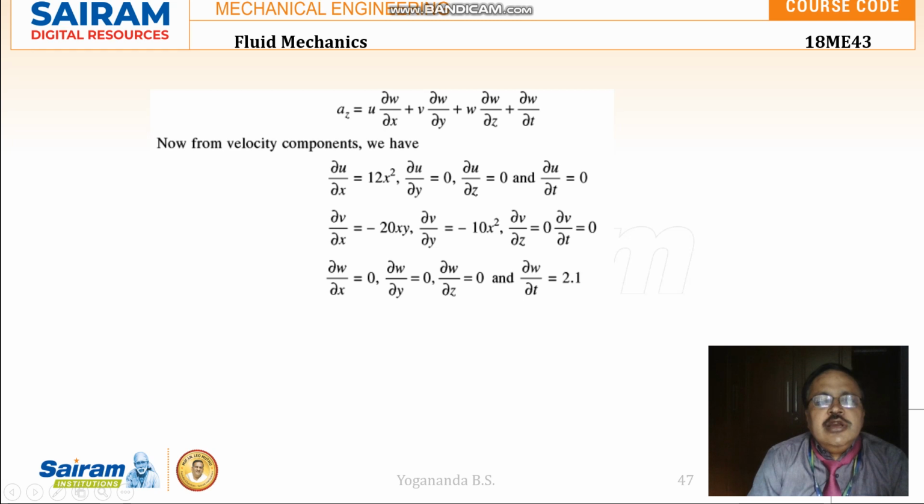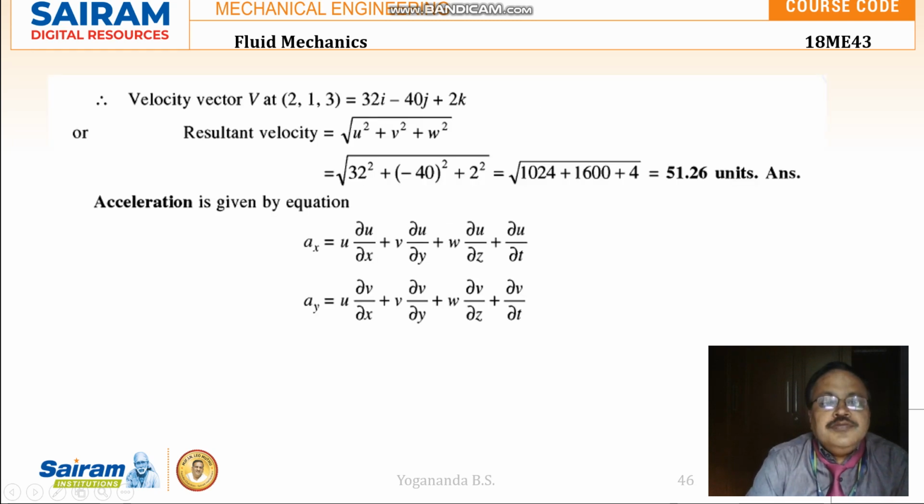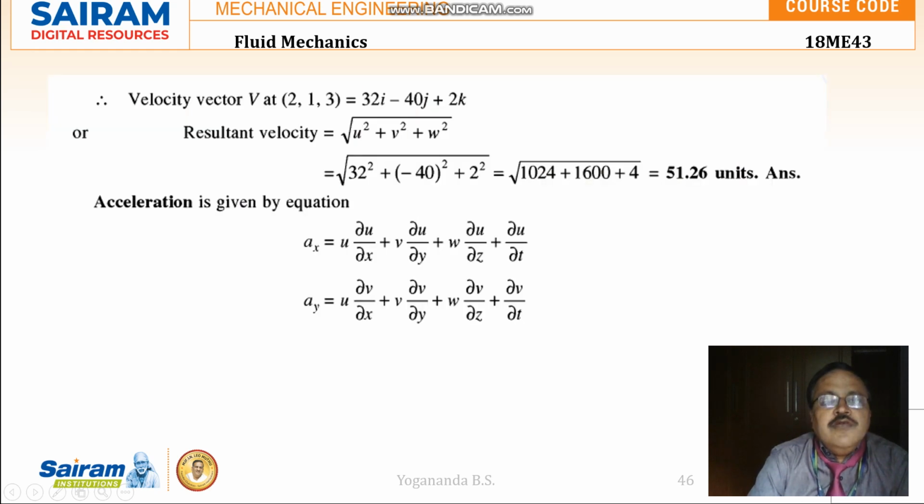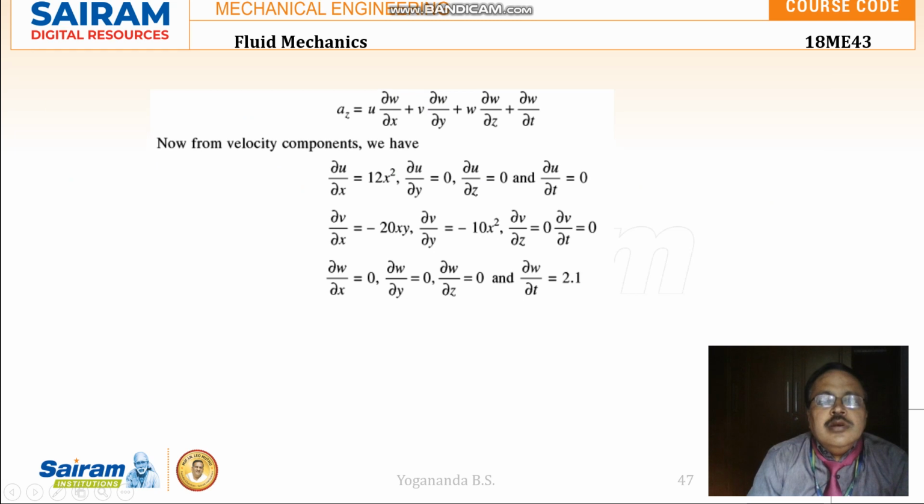Now velocity components. We have u, that is 4x cube. U is equal to 4x cube. From velocity component u, we have the partial derivative del u by del x.